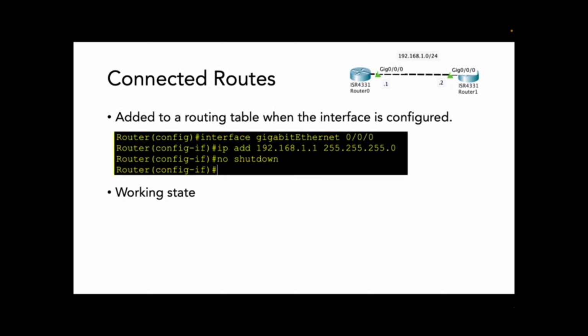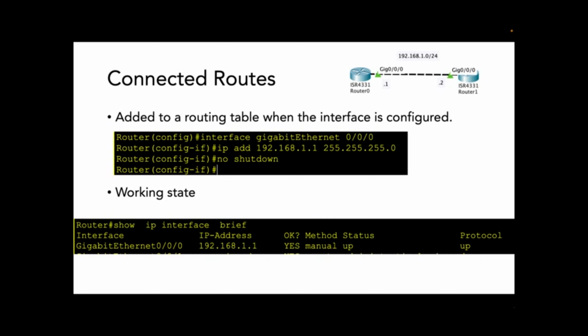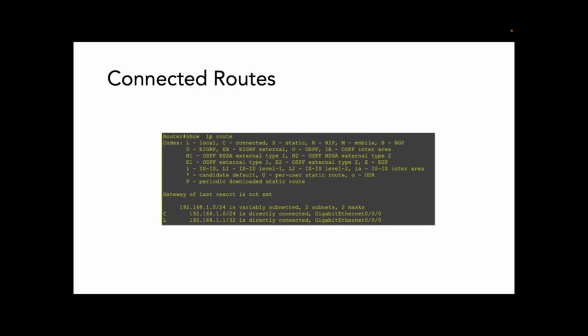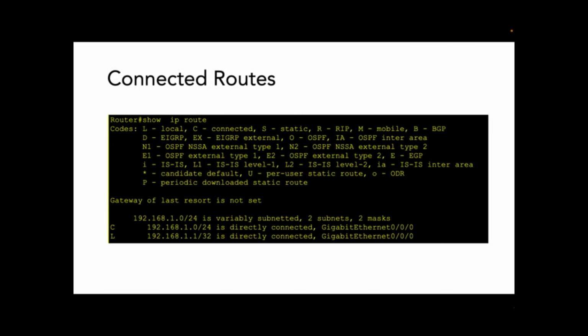So the router includes a connected route in the routing table when the interface is in working state. As you can see, the status and the protocol state should be in up state. You can verify the connected route status by using the show ip route command. If you look closely at the show output, the first route in the routing table lists a code C on the left and also has a text that says directly connected.